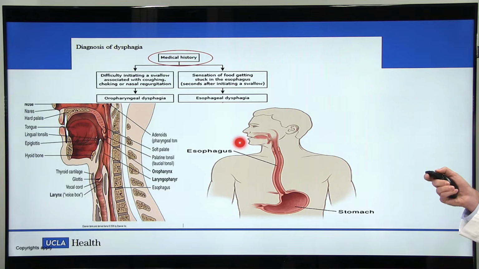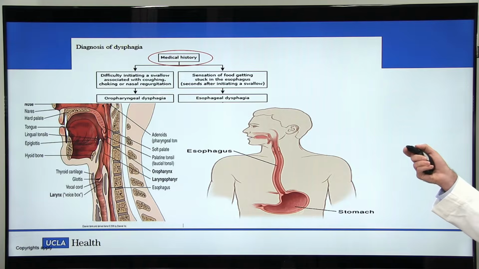The next main group of dysphagia is what we call esophageal dysphagia. And we know that the esophagus is this narrow tube that connects the mouth to the stomach and allows food and liquids to go down from the mouth into the stomach. So anything that can cause a blockage or a narrowing or an obstruction in the esophagus can result in esophageal dysphagia.